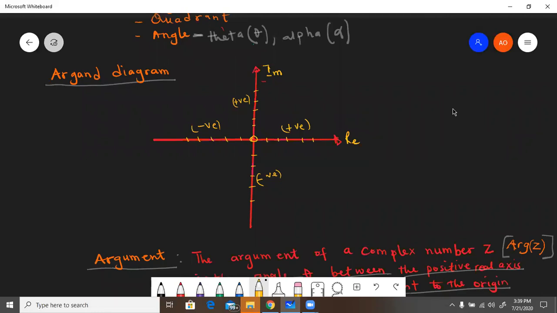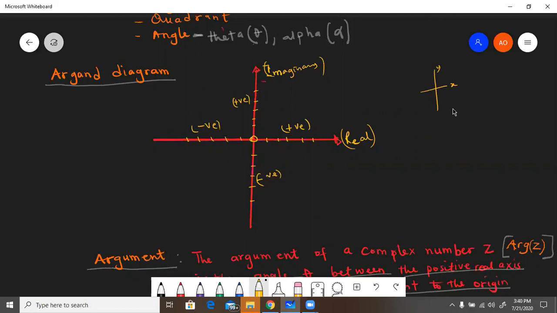The only difference between the Argand diagram and the Cartesian plane of y and x axis is that the y-axis of the Cartesian plane is replaced by the imaginary part of a complex number, while the x-axis is replaced by the real part. So we use the imaginary part and real part for our vertical and horizontal axis respectively.